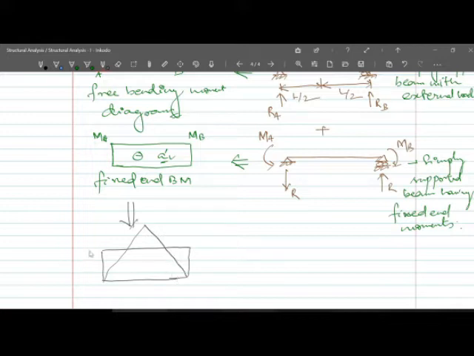Now this one is MA, this is MB, and this height we already know is WL by 4, this height till this point. But we don't know what this value is.